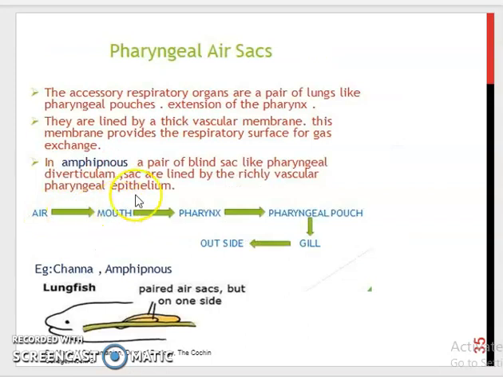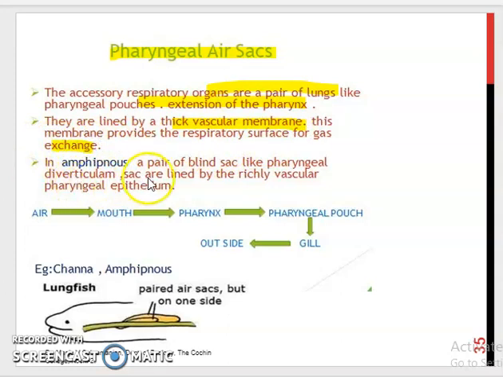Next it is pharyngeal air sacs. It is also an extension of the branchial chamber, and it is a type of accessory respiratory organ. It acts as a pair of lung-like pharyngeal pouches, an extension of the pharynx, lined by a thick vascular membrane, and this membrane provides a respiratory surface for gaseous exchange.